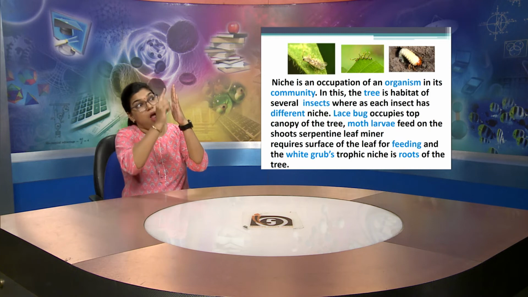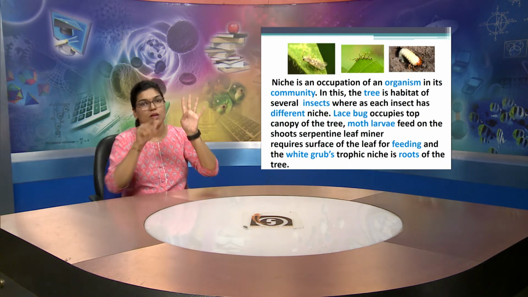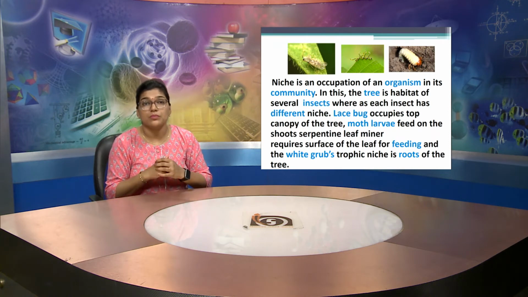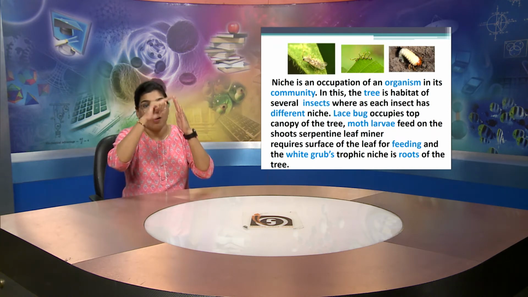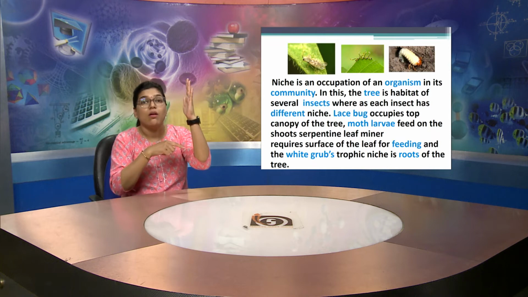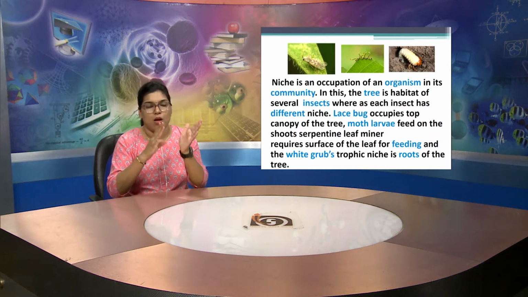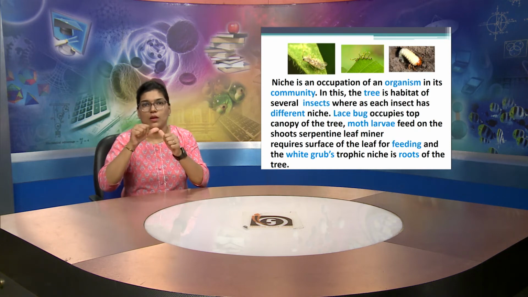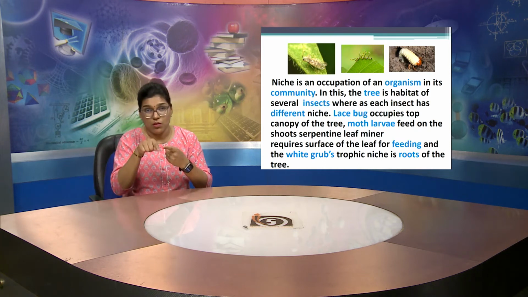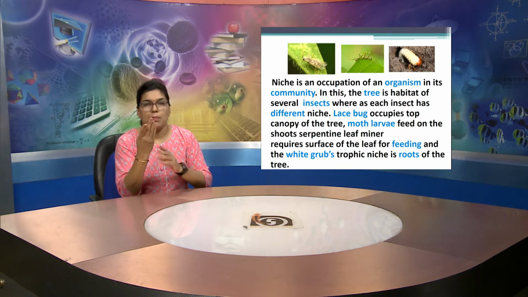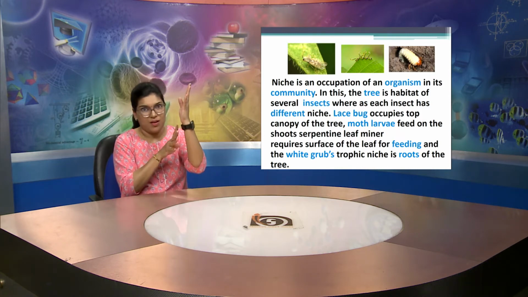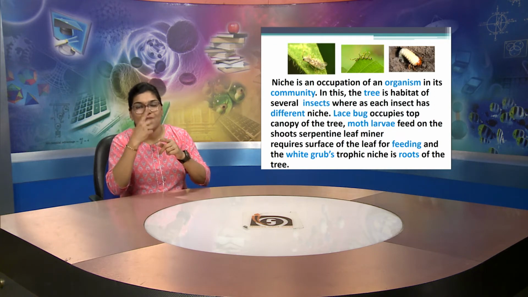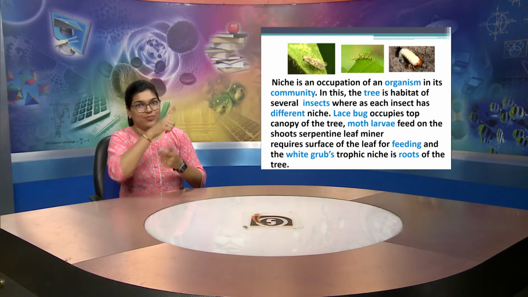Like lace bug occupies the top canopy of the tree in the previous picture you had seen, and then moth larvae feed on the shoot, serpentine leaf miner. Moth larva was on the leaf because that requires a surface on the leaf for feeding.